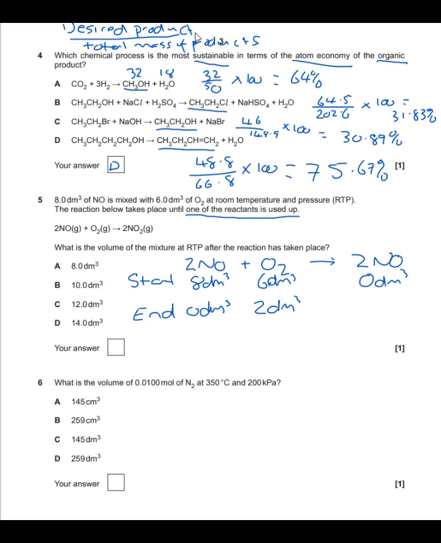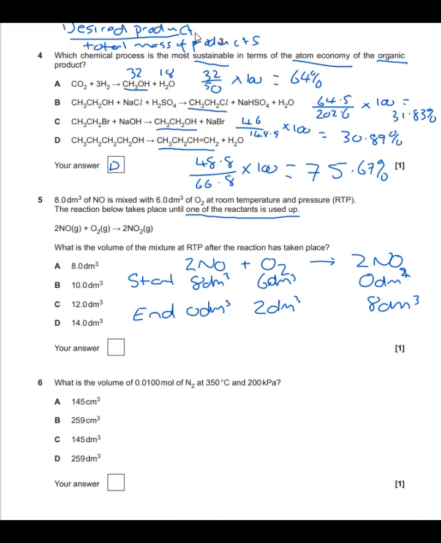And then if we look at the ratio between NO and NO2 at the end, we can see the ratio is 2 to 2, so more simply 1 to 1. So if we've got 8 decimeter cubed of NO, we're going to have 8 decimeter cubed of NO2 at the end.